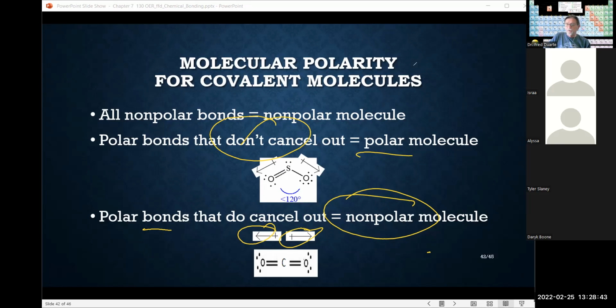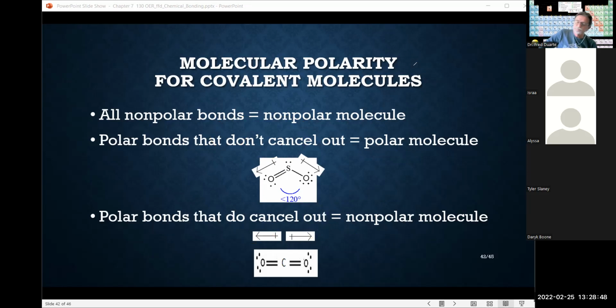Now, another configuration where bonds cancel out is the tetrahedral. You might find it a little bit challenging to see that, but let's say we got a carbon that has four bonded fluorides. So I'm trying to draw it, kind of give you a perspective. This is my attempt to give you a 3D perspective in a 2D world.